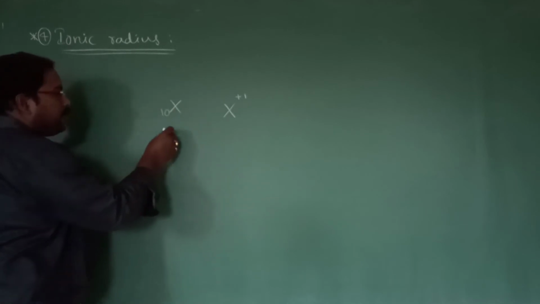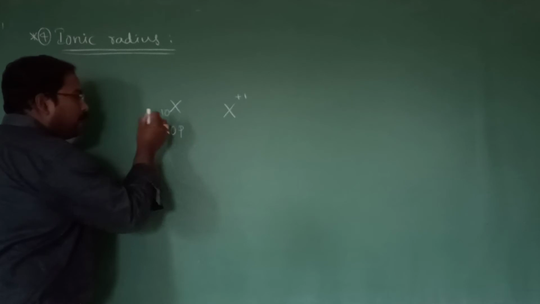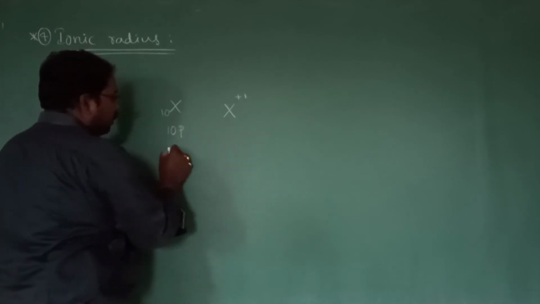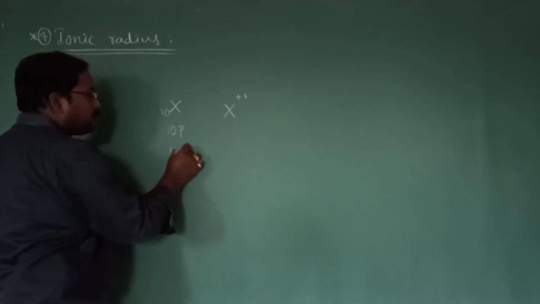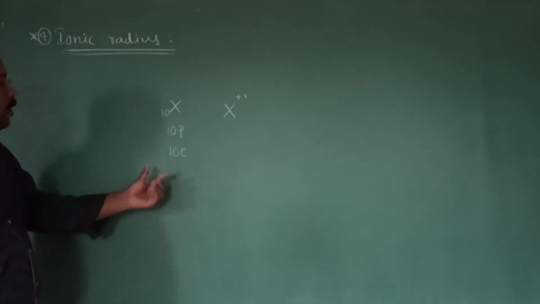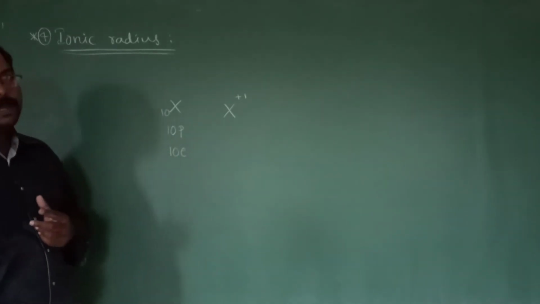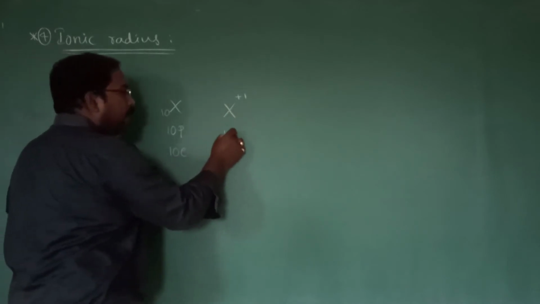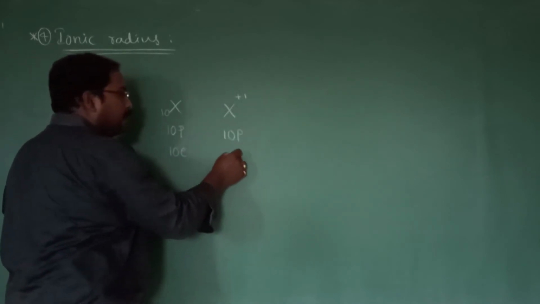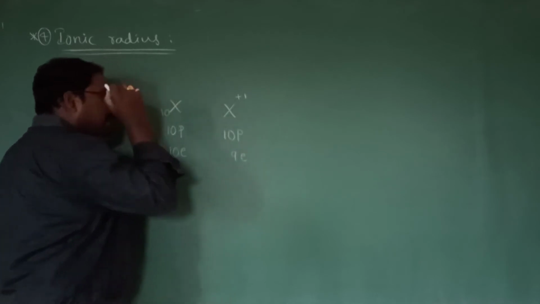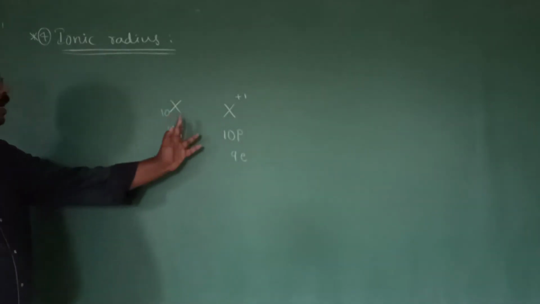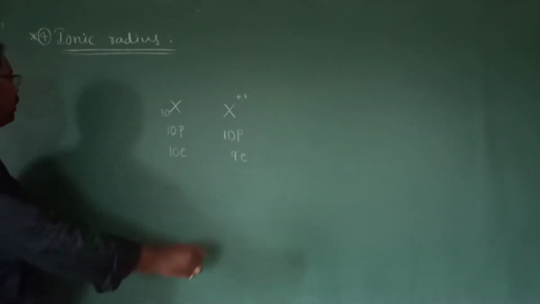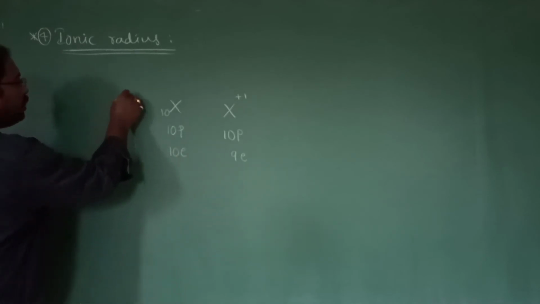If its atomic number is 10, it contains 10 protons and 10 electrons, because in the atom the number of protons equals the number of electrons. Coming to the cation, we know the atomic number has no change, but the number of electrons is one less compared to the atom.